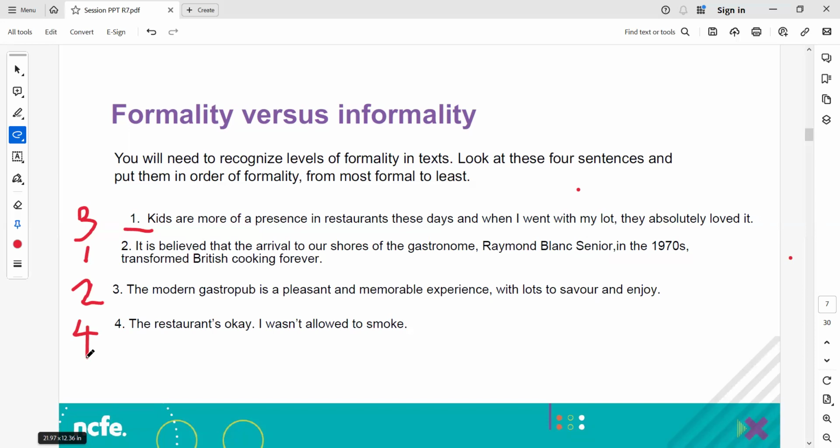I wasn't allowed to smoke. What tells us in those couple of sentences that it is informal?